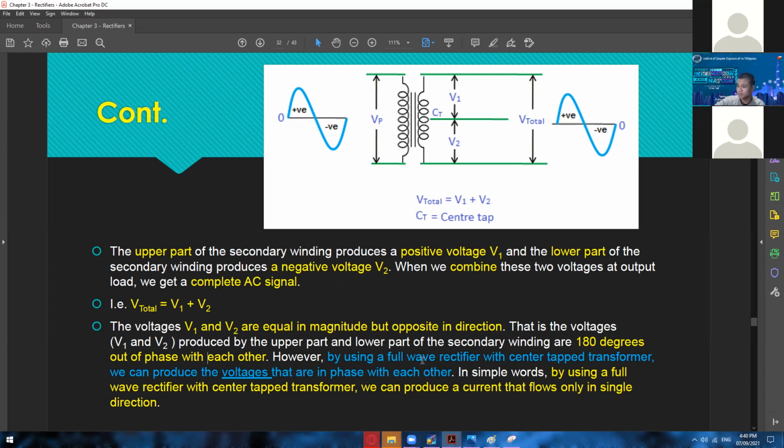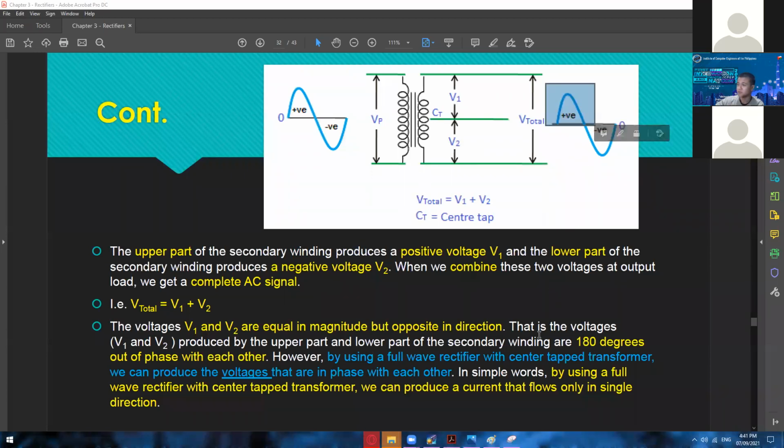But by using a full wave rectifier with center tap transformer, we can produce voltages that are in phase with each other. Basically, if we have a positive 10 volts right here, we can combine those two. So instead of having a negative 10 volts right here, we can have a positive 20 volts.